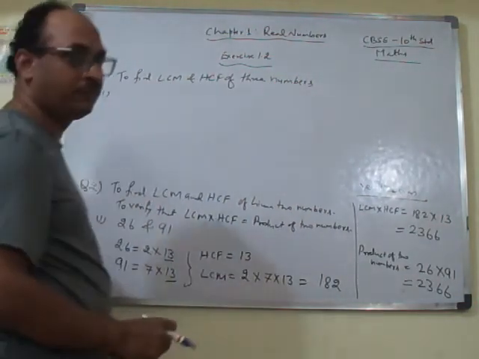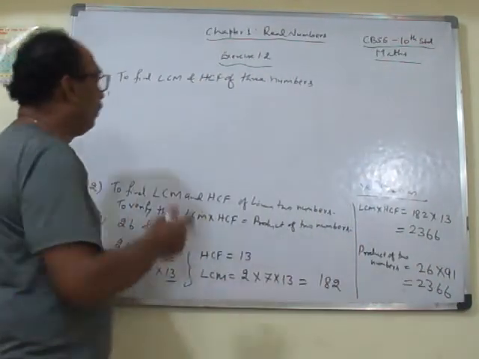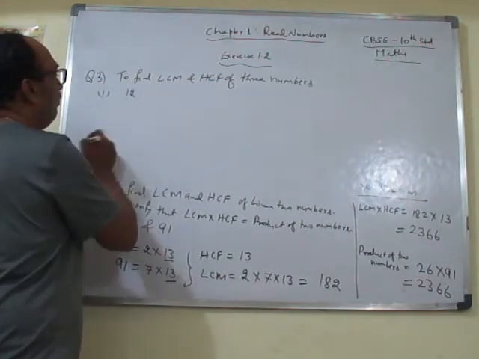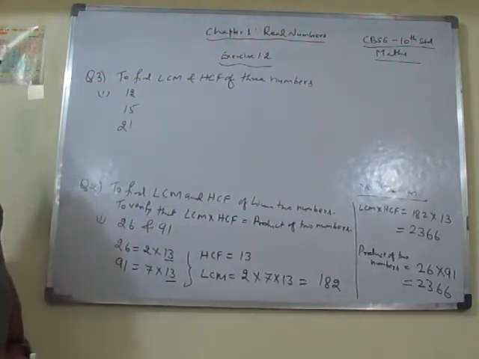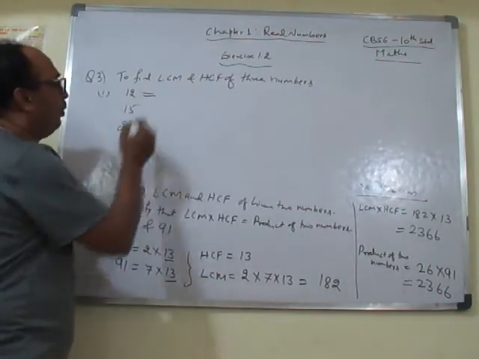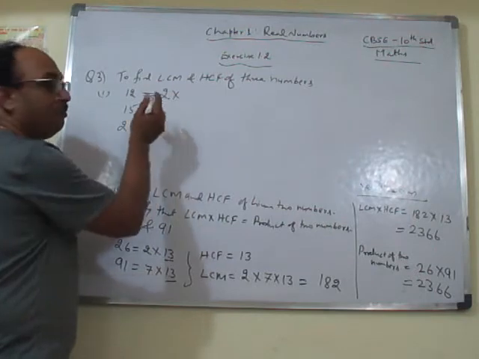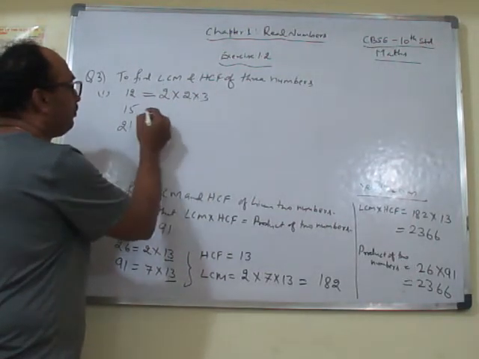They are 12, 15 and 21. Again we go for the fundamental theorem of arithmetic. 12 is 2 into 6, and 6 can be written as 2 into 3.